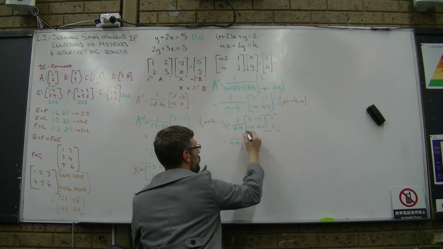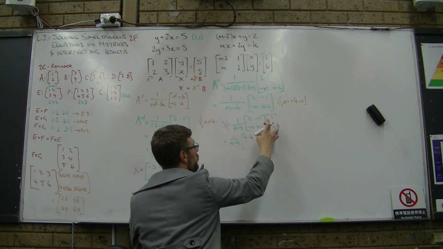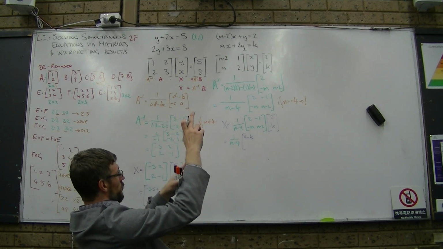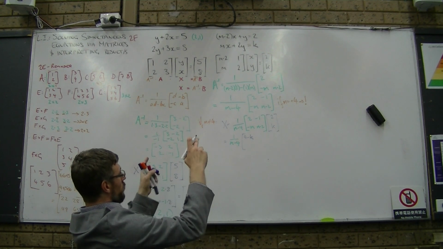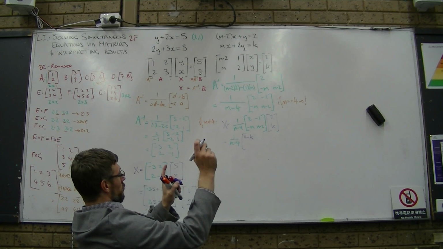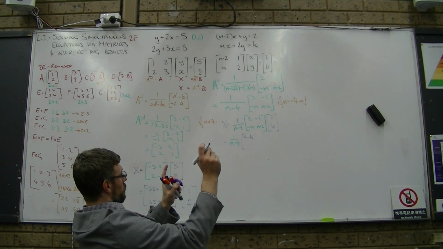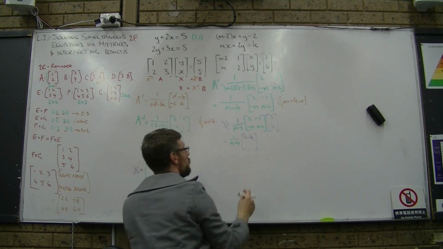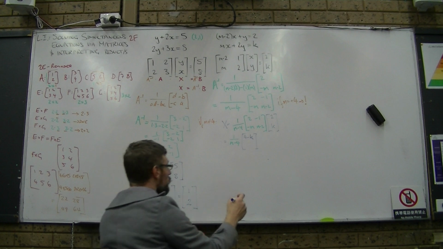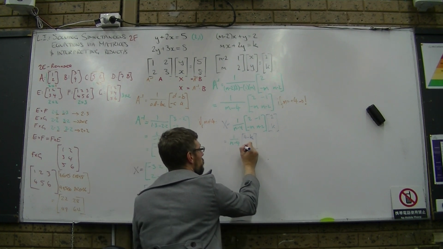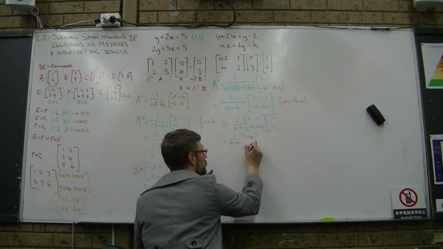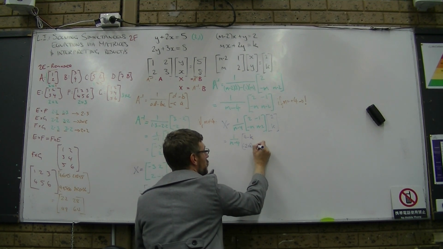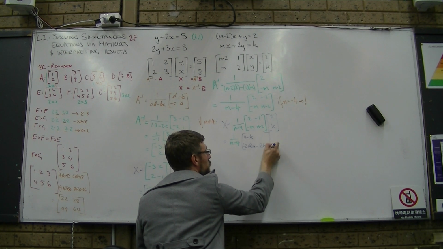What do we get? 4 minus k. Next we get, where have we got? Over here. Is that right? Yep. Next one is over there, so we get, wait, I should have been getting that. Yeah, that's right. Cool. Negative 2m. Negative 2 plus k lots of m minus 2k.